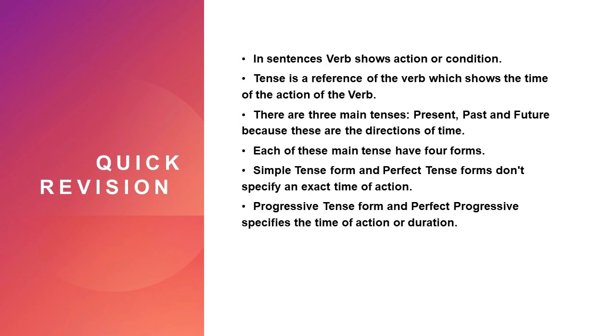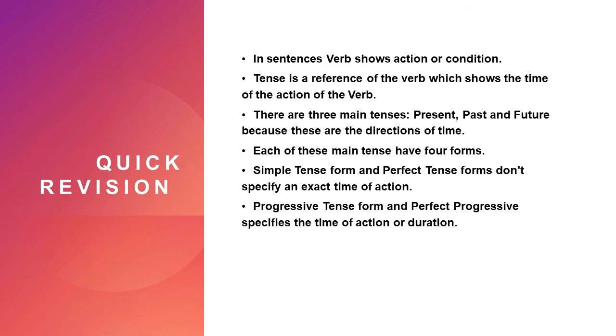the perfect, and the perfect progressive. In these 4, the simple tense form and the perfect tense form don't specify an exact time of action. They just show that the action happened in that particular time, whether it is present, past or future.